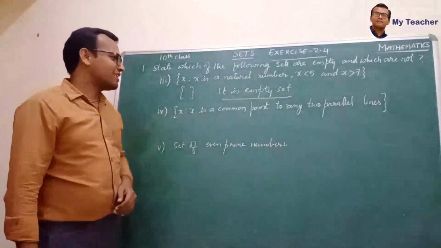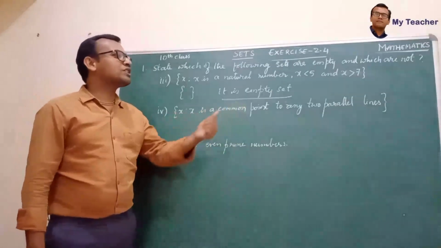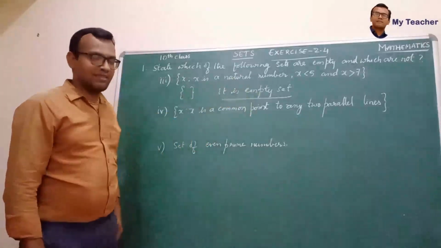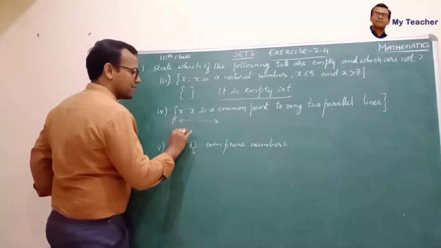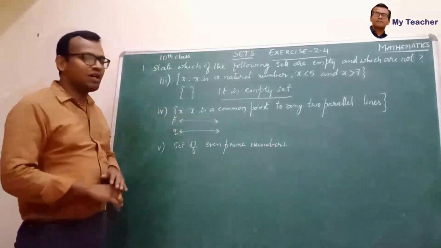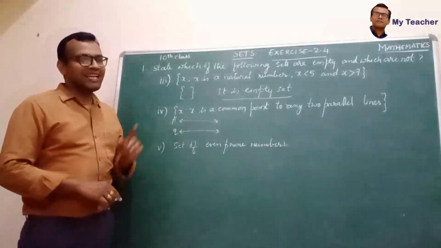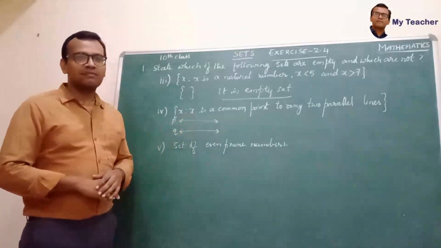Now let's see this one. x is such that x is a common point to any two parallel lines. Any two parallel lines. Say P and Q are parallel lines. Children, can you tell one common point for these two parallel lines?